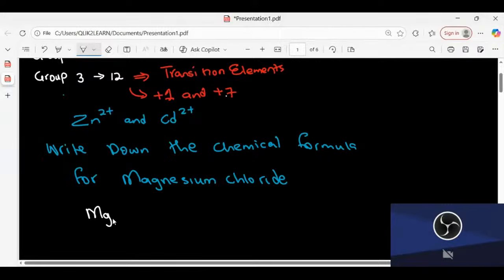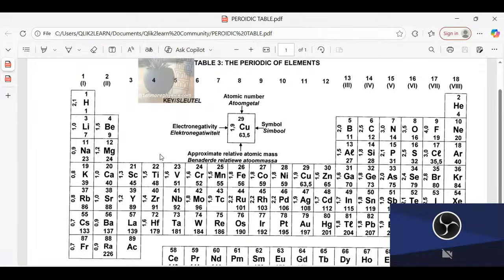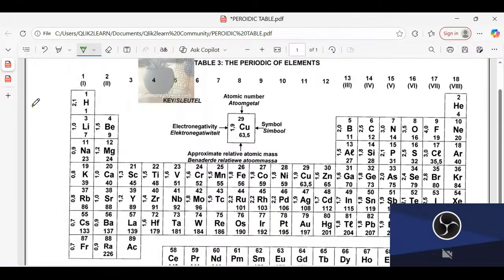Then you go to your periodic table and check which group we have magnesium in. This is my Mg on the periodic table. Can you see that Mg is in group 2?